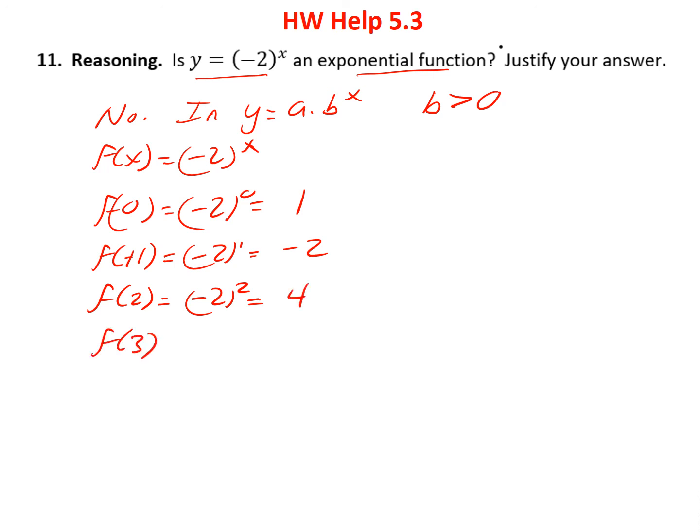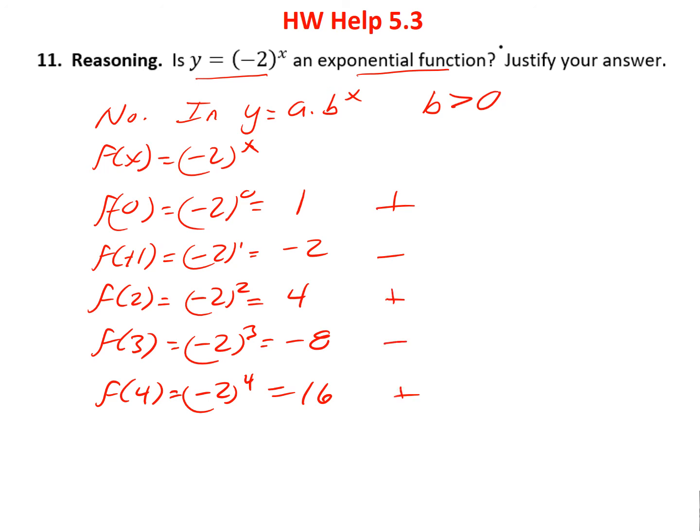Go to 3, and you end up with negative 2 to the third. Now a negative times a negative times a negative, 3 of them, is going to be negative 8. And you go on to 4, negative 2 to the fourth. An even number will give me 16. Notice the way it goes positive, then negative, then positive, then negative, then positive.